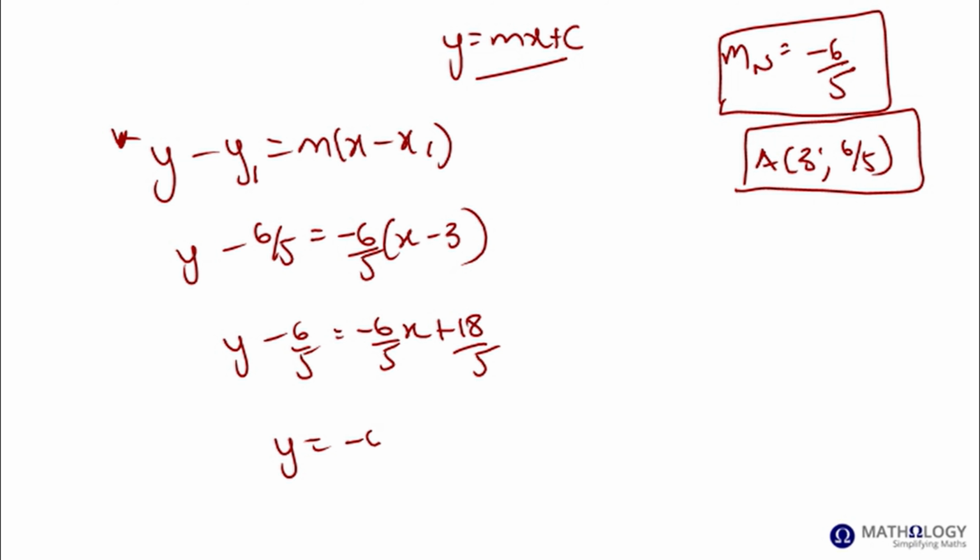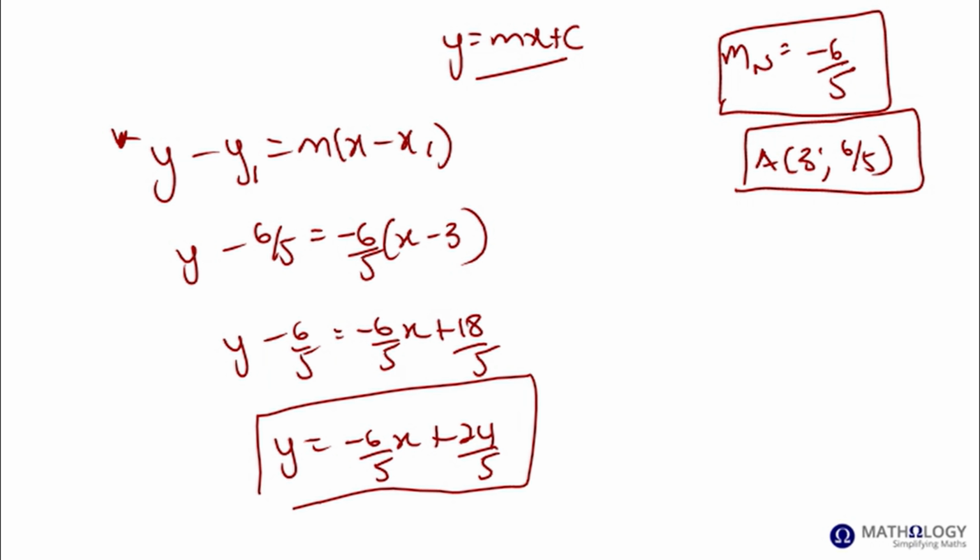So y equals minus 6/5 x plus 24 over 5. And this is the equation of the normal to the curve.